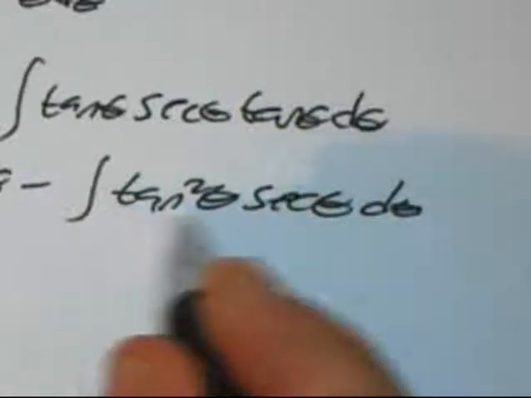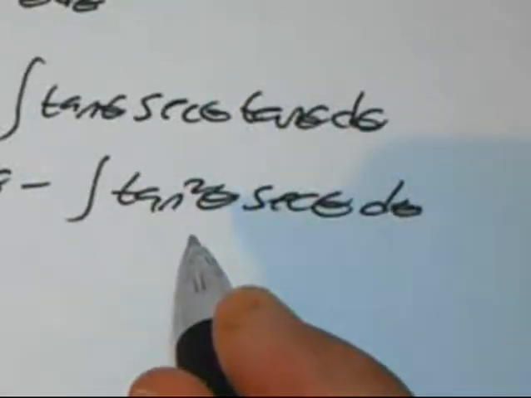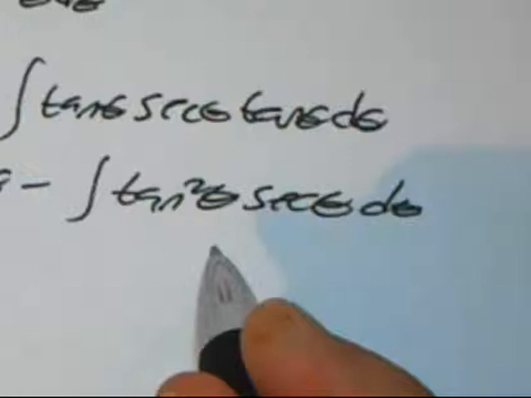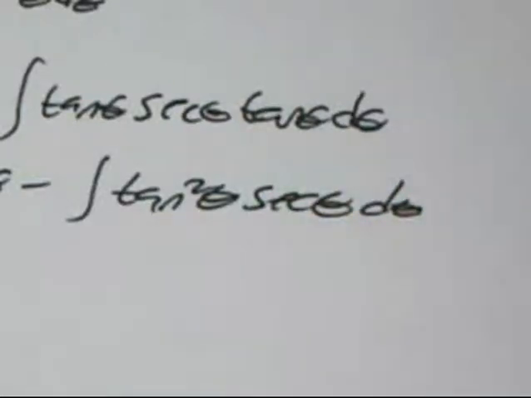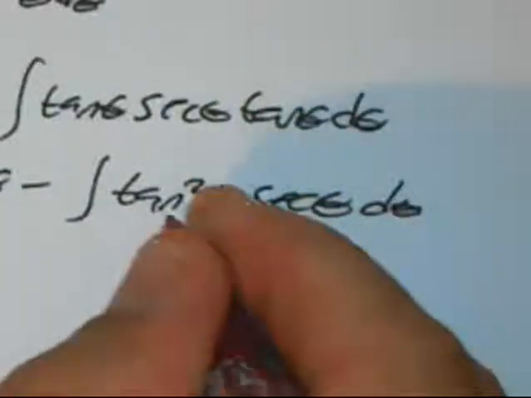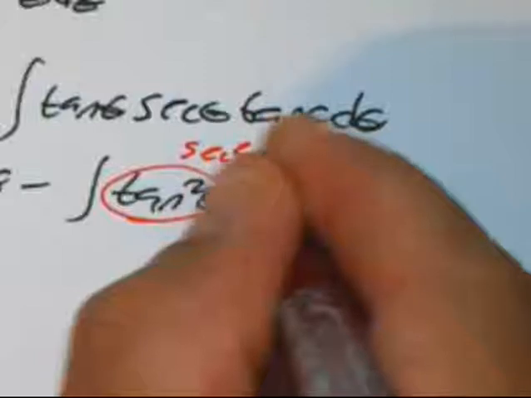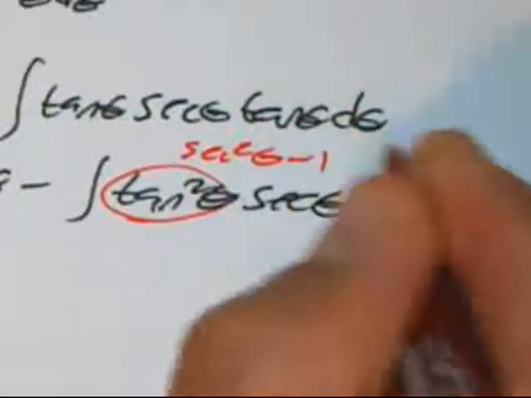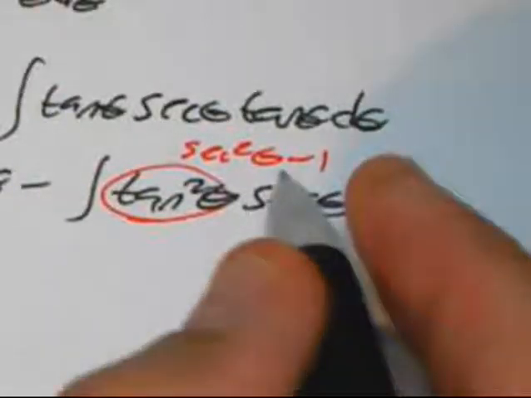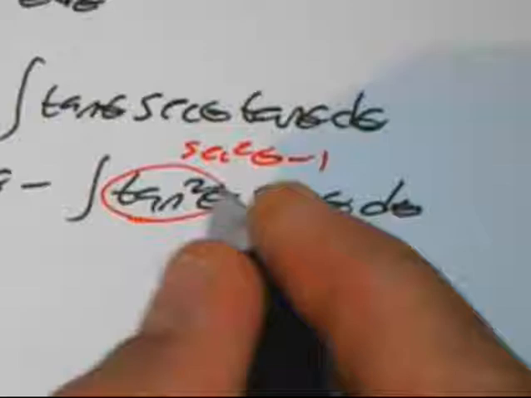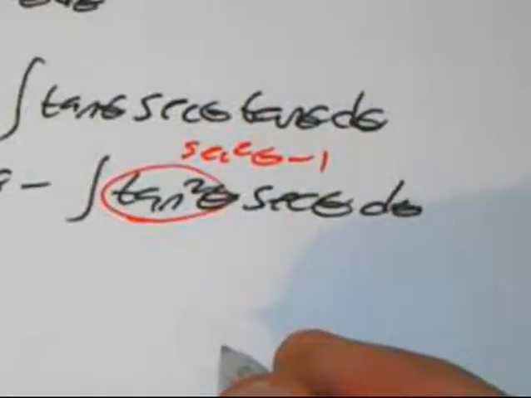Okay, maybe we exchange this tan squared theta by making use of that same identity, tan squared theta plus 1 equals secant squared theta, which would allow us to trade this in for secant squared theta minus 1. Alright, then if we did that, we could then break this into two separate integrals.